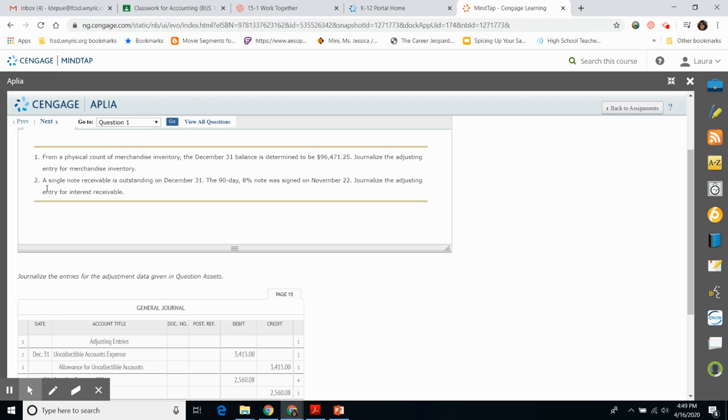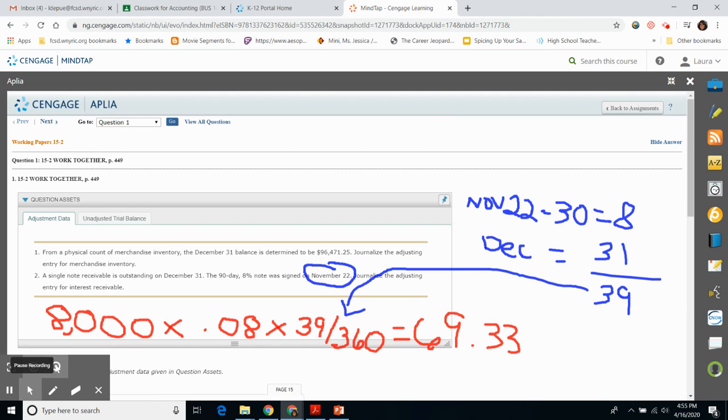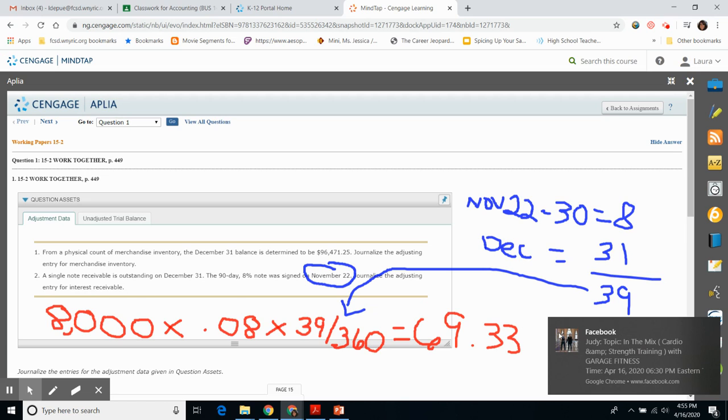The last one says a single note receivable is outstanding on December 31st. The 90-day 8% note was signed on November 22nd. Journalize the adjusting entry for the interest receivable. Okay, the second entry, this single note thing here. We have to determine what the amount is and how to figure out what this note is all about.